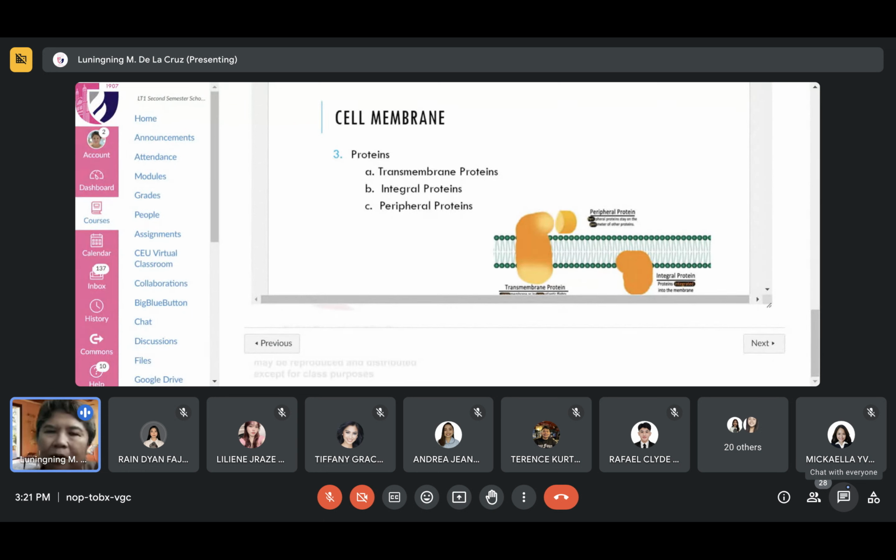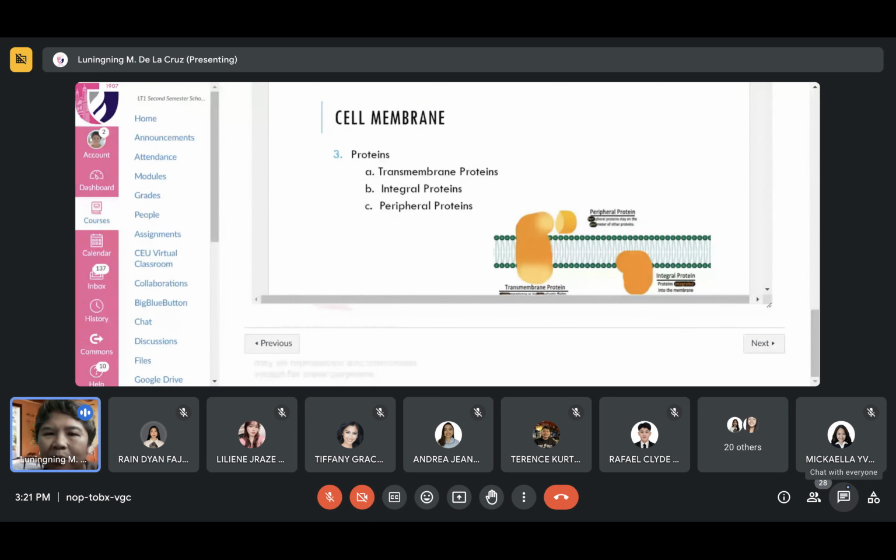What is so interesting about this is that it allows proteins to move in and out of this membrane. Besides, this phospholipid bilayer also has some proteins that are attached to it.